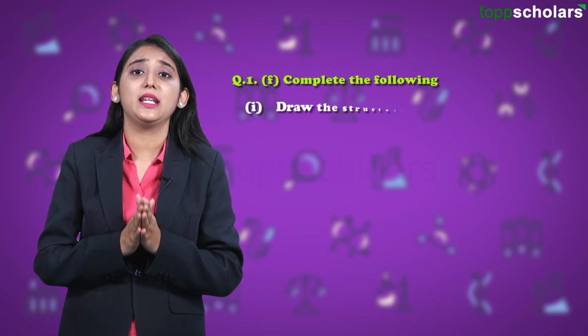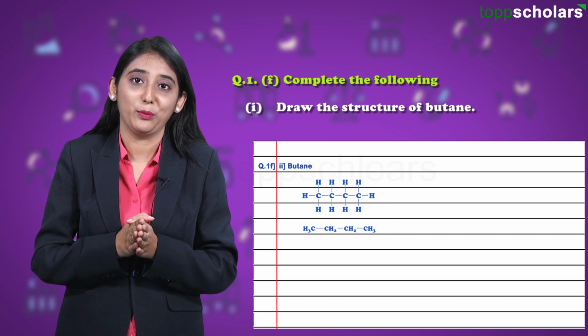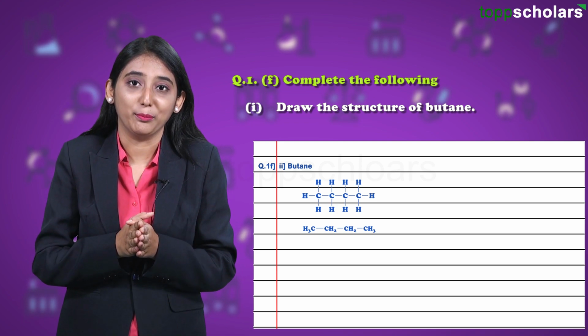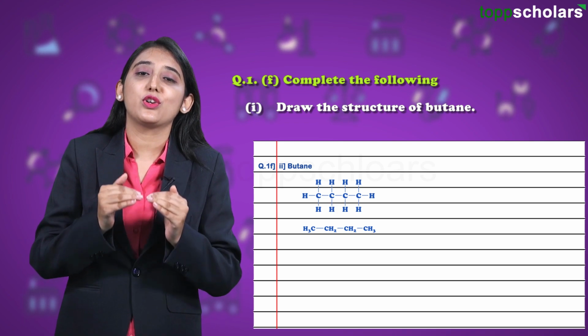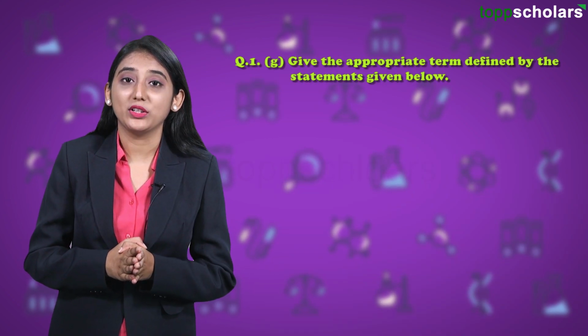Similarly, the IUPAC name of the compound may be given and you need to draw the structure of the compound. So here again, you need to write down the IUPAC name of the given compound and then draw the structure of the compound.